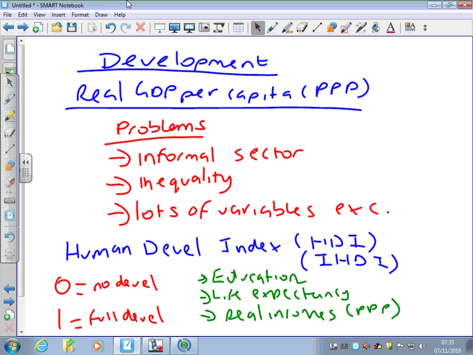So on this measure, to be a highly developed economy, you've got to have good education standards, a high life expectancy and a high real income. Again, it's not perfect. It's not an all-encompassing, wonderful measurement of development, because development is made up of all sorts of different things, but it's certainly much better than real GDP per capita.